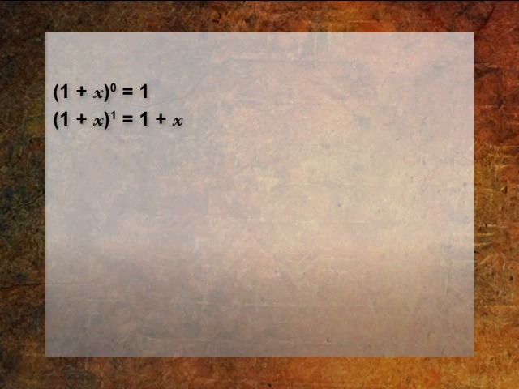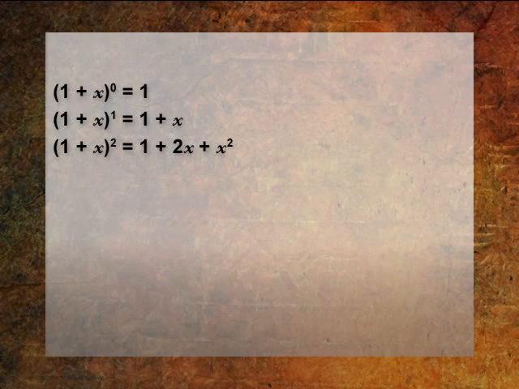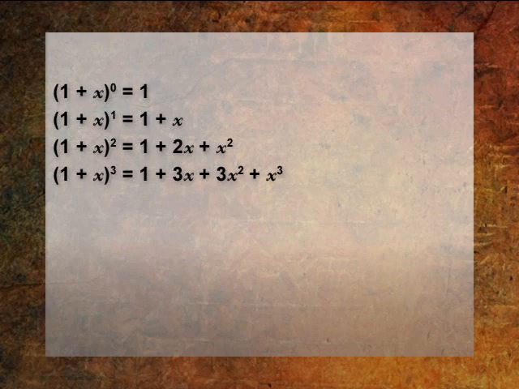So I'm looking at a binomial, 1 plus x, so it's a two-term algebraic expression, and I want to begin to multiply it by itself. 1 plus x times itself is 1 plus 2x plus x squared. If I multiply that by 1 plus x, I get 1 plus 3x plus 3x squared plus x cubed.